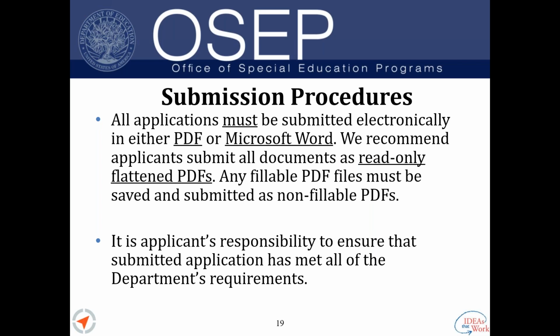All applications must be submitted electronically in either PDF or Microsoft Word, and we recommend applicants submit all documents as read-only flattened PDFs. Any fillable PDF files must be saved and submitted as non-fillable PDFs. When the department's G5 system successfully retrieves an application from grants.gov, a second confirmation is generated. This second confirmation includes a proposal request number or a PR award number.